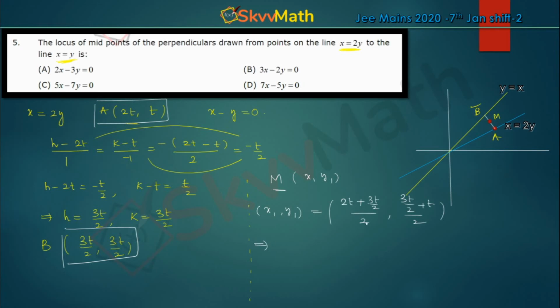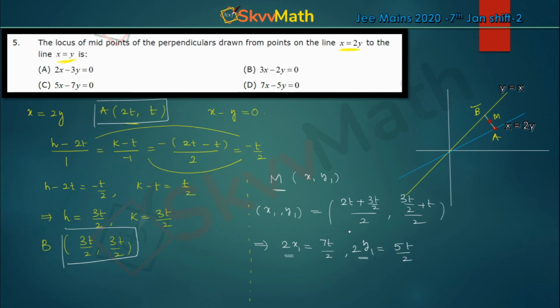From this, if you compare the first coordinate with the first coordinate, what do you get? 2x1 = 4t + 3t over 2, that is 7t/2, and 2y1 = 2t + 3t over 2, that is 5t/2. Now you see, 2x1 and 2y1 are in parametric form.